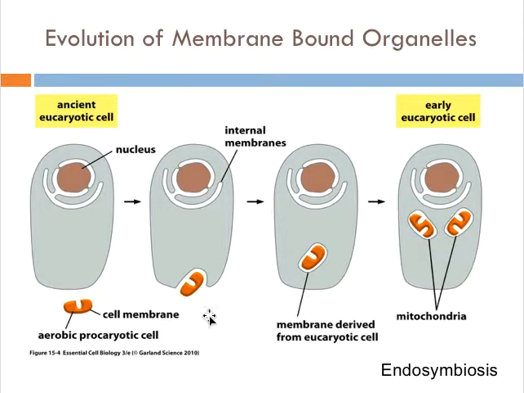And because of that, the plasma membrane came around and essentially surrounded this entire thing. So this prokaryotic cell had its own cell membrane, and then it ended up being wrapped in another cell membrane as it was engulfed by this cell.